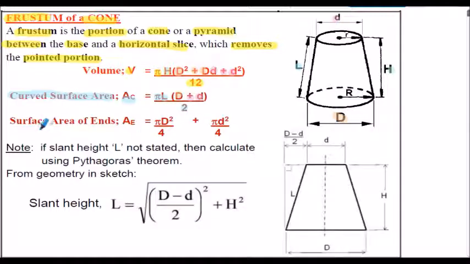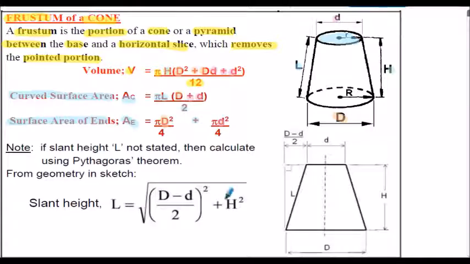The surface area of the ends, top and bottom ends, I've called that. Obviously there are 2 areas to consider here. Using our standard formula for the area of a circle, that's pi uppercase D squared divided by 4, so that's the area of the bottom of the cone, and we add to that pi multiplied by the top diameter squared divided by 4.